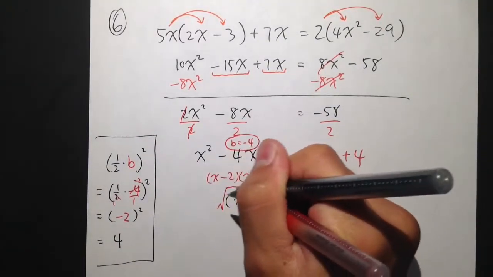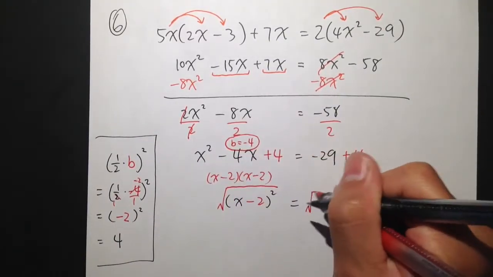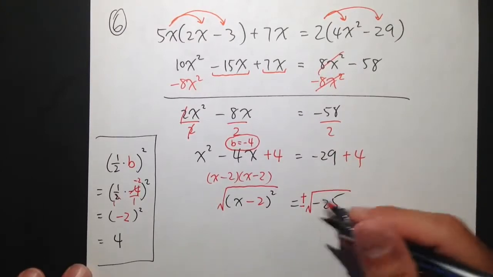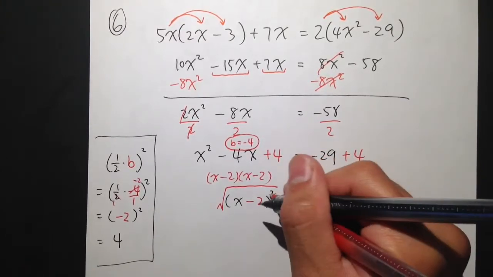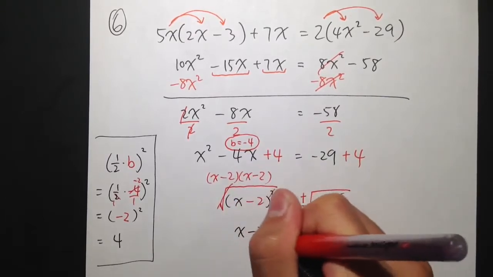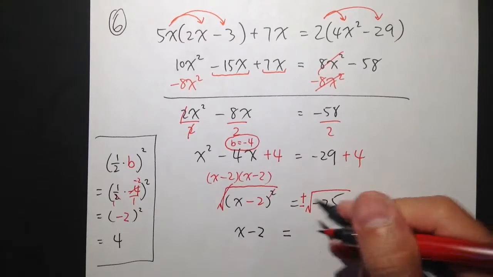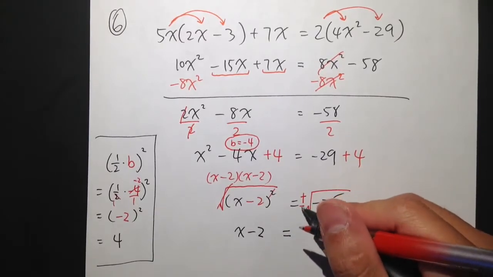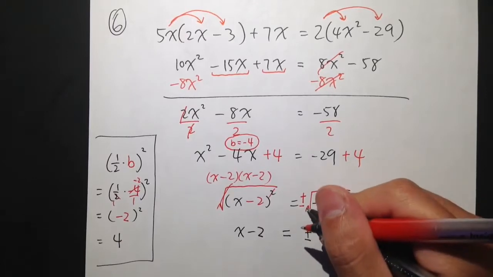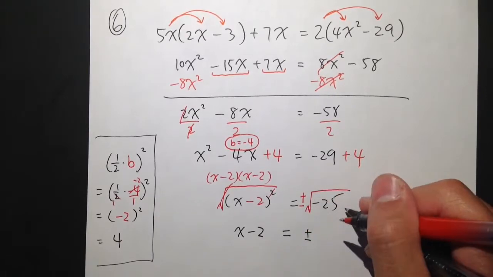So take the square root here, and take the square root here. Put the plus minus on the number. The square root cancels, I will just get x minus 2 equals, and now let's see. Let me bring down the plus minus sign first. We have square root of negative 25.